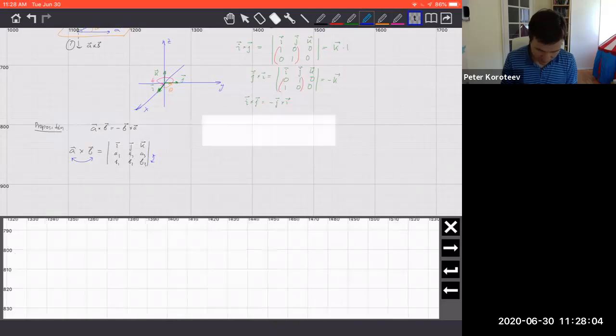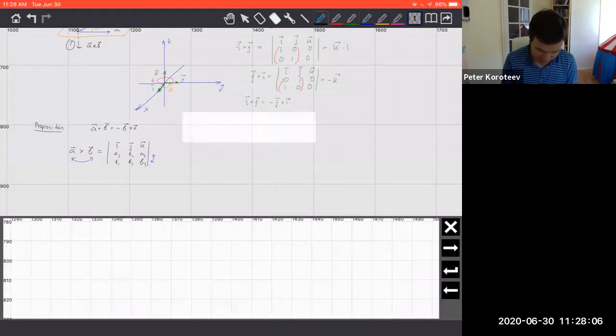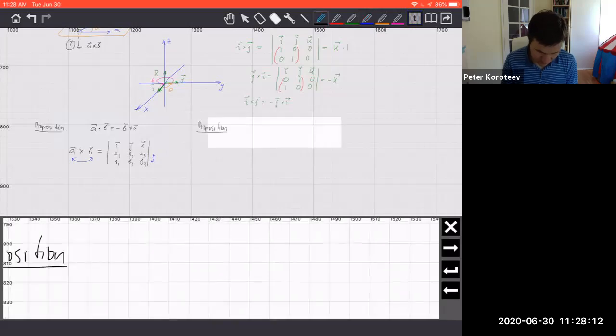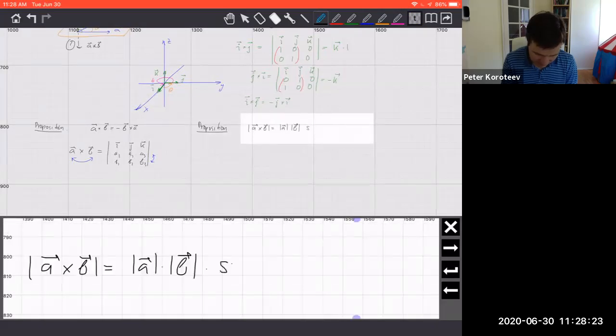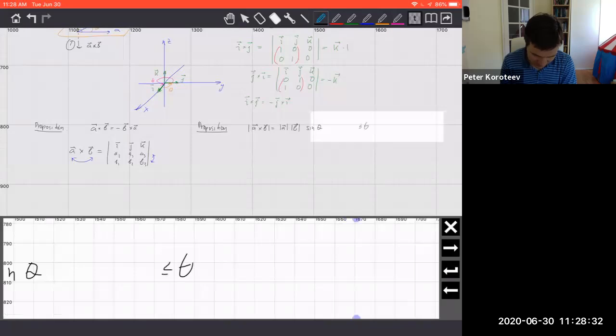How about the magnitude? Another proposition is that the absolute value of A cross B is the absolute value of A times the absolute value of B, and now it's times sine theta, where theta is assumed to be between 0 and pi.